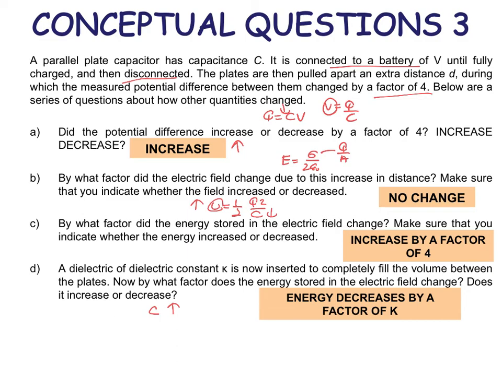So you are going to use U equals 1 over 2 Q squared over C. C definitely will be increased because the effective distance between the two conducting plates has decreased, and your charge remains constant because it's disconnected from the battery. So definitely your U will decrease. Your potential energy has decreased.